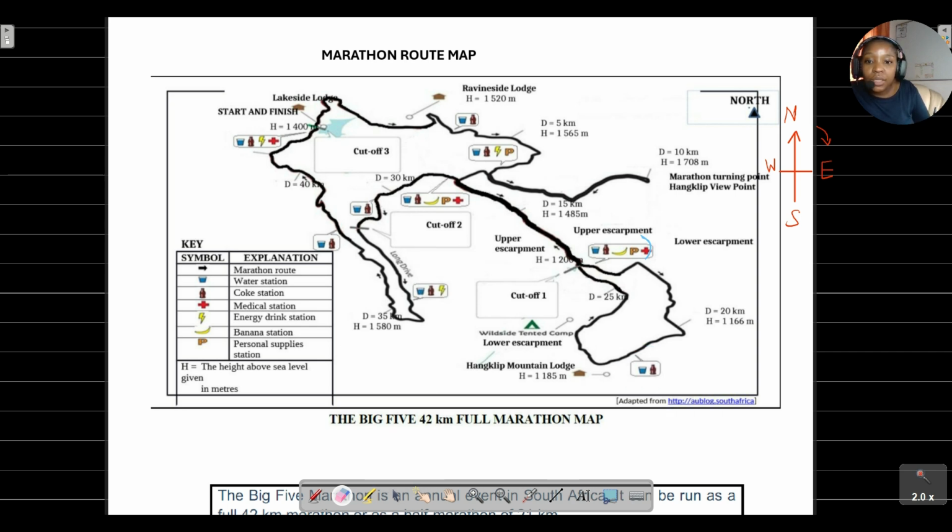So all that we need to do here is find out where that 20 kilometer mark is, and then from there we just need to determine the general direction. So the 20-kilometer mark is this part there, so I'm sure you can see that. So in which direction is a runner heading after passing that mark?